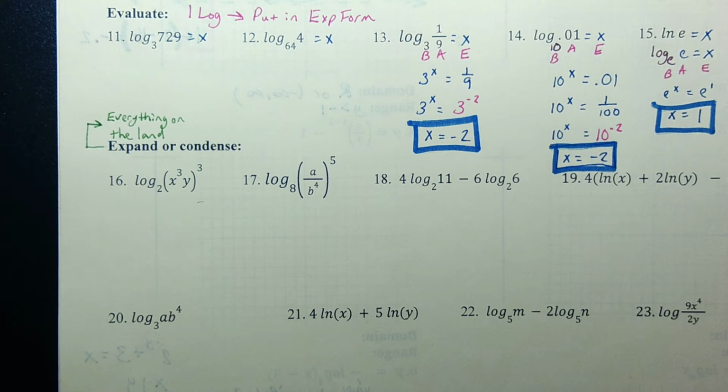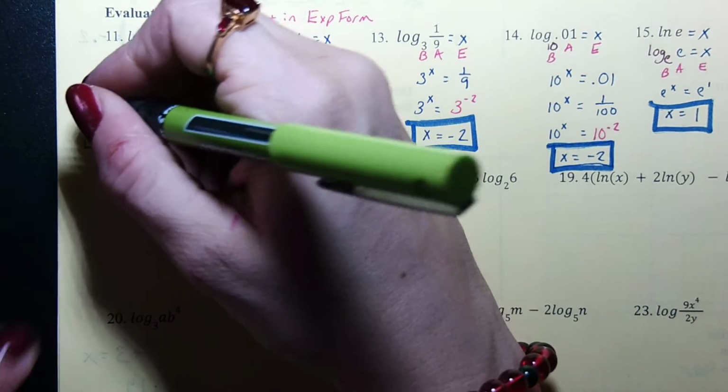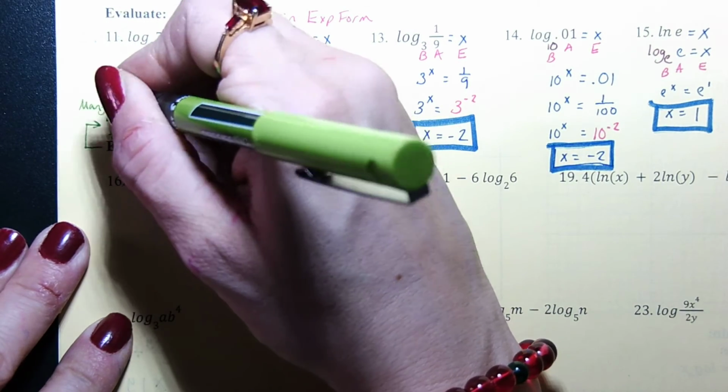Yeah, but what does that mean, Ms. Cairo? It means we don't want any exponents. We want everything out in front as a coefficient. Expand also means we want many separate logs. So many logs.